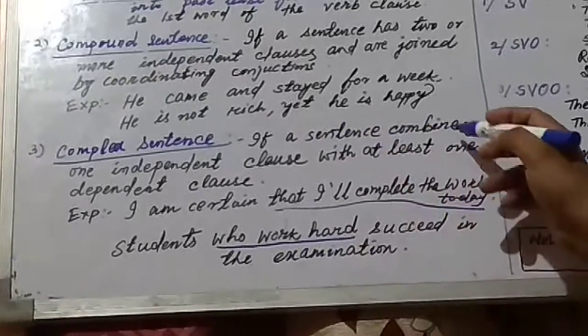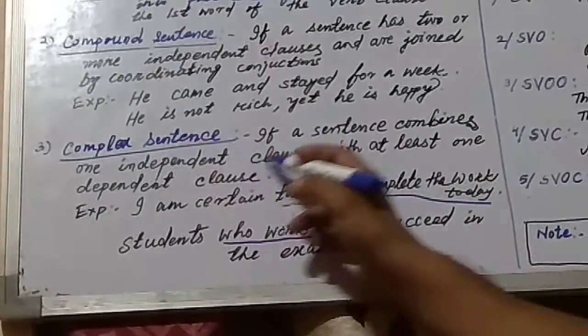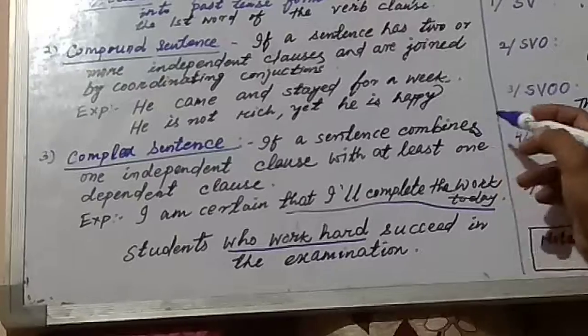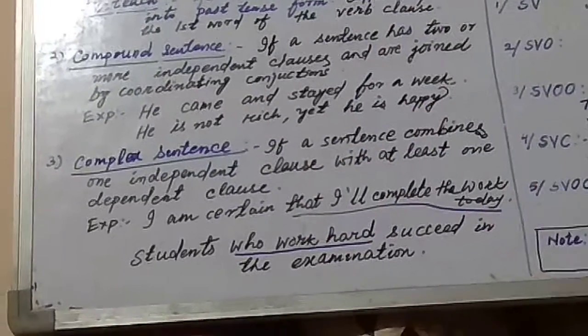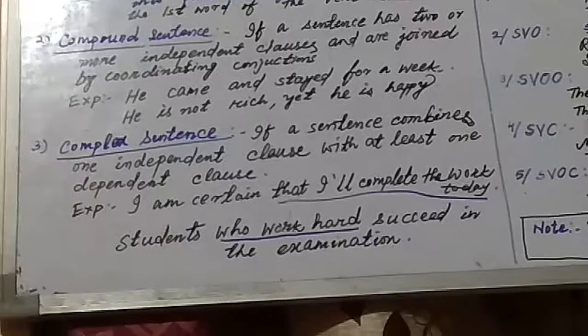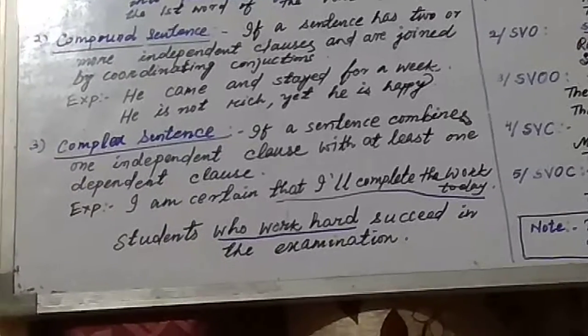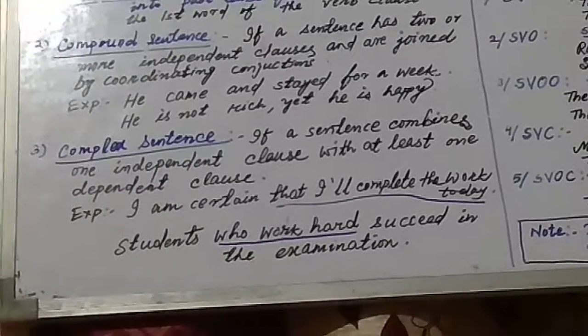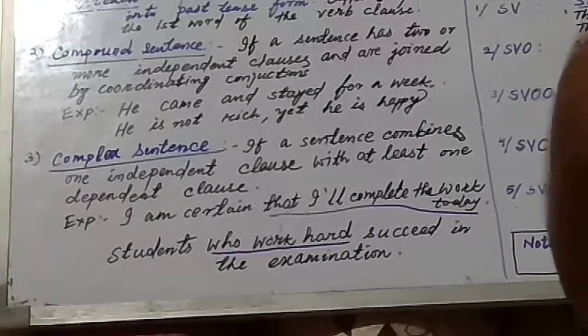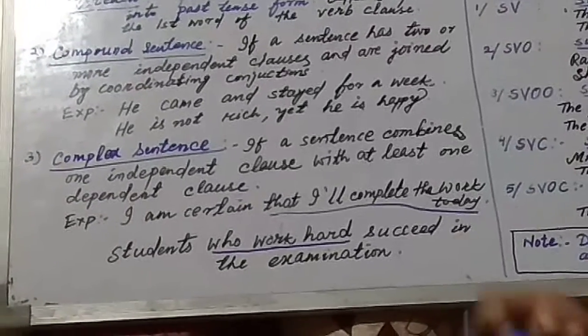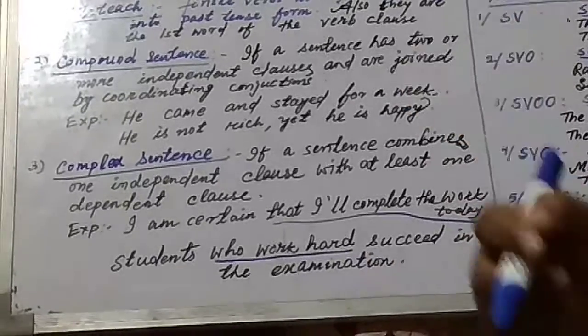If a sentence combines one independent clause with at least one dependent clause, then that sentence is called a complex sentence. In it you will find one main clause as well as one or more dependent clauses, that means they depend on the main clause.